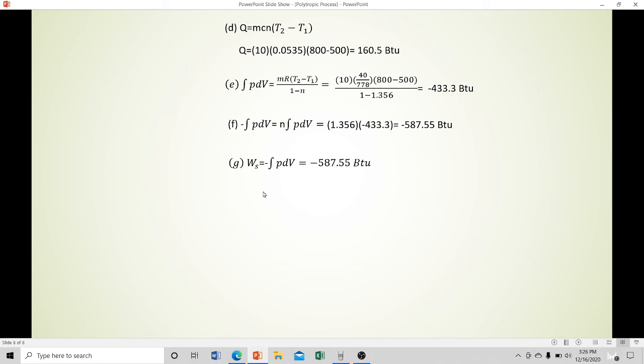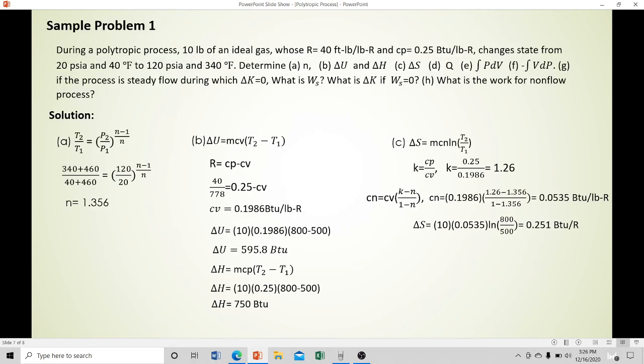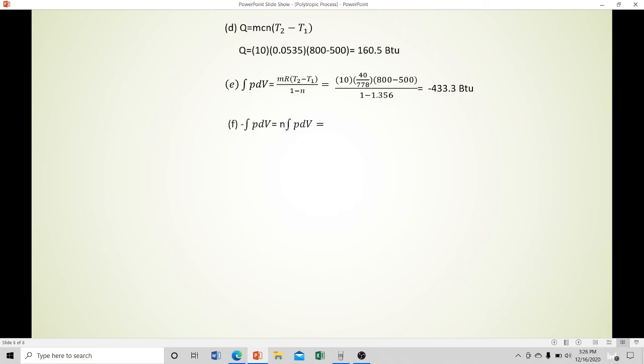So for the G, wait a moment. So if the process is steady flow during which the change of kinetic energy is zero, what is the work steady flow? By applying the first law of thermodynamics, we assume the change of kinetic energy in that condition is equivalent to 0.